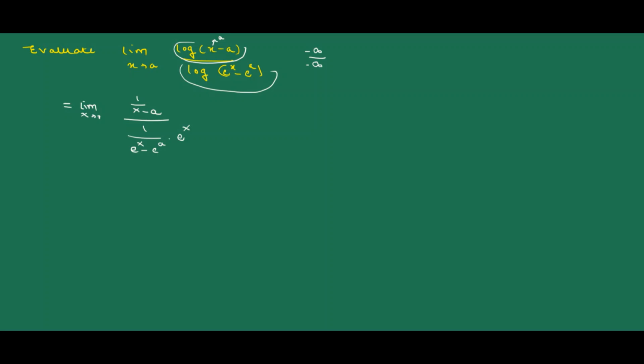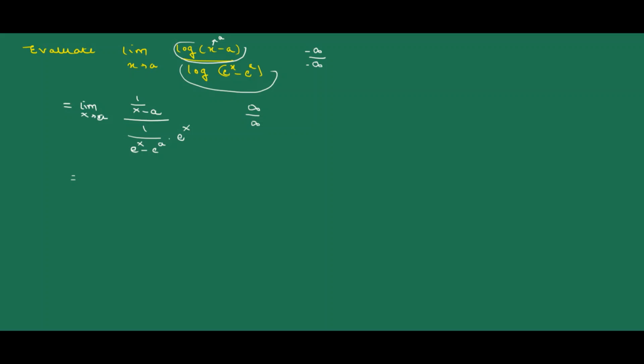If you put x is equal to a here, 1 by a minus a is 0, again it is in the form of infinity by infinity.